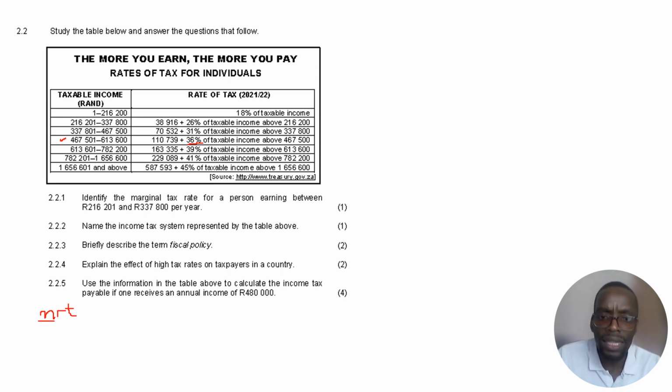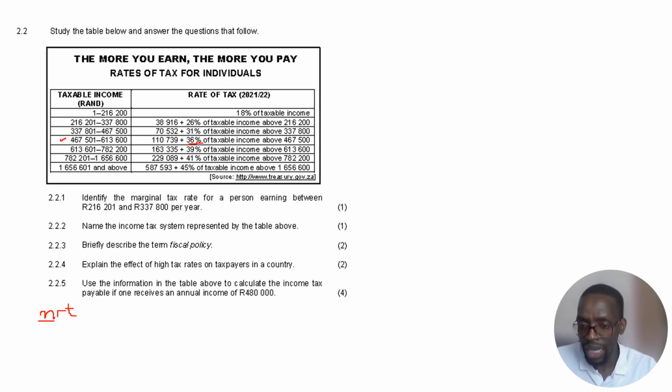That's the percent charged on extra income, because it reads here 36% of taxable income above 467.